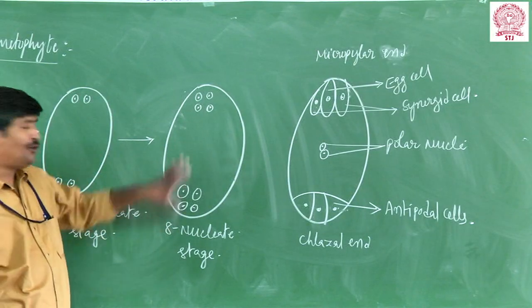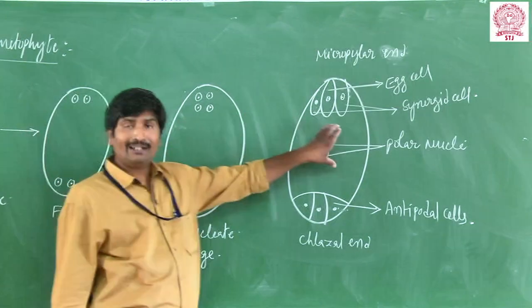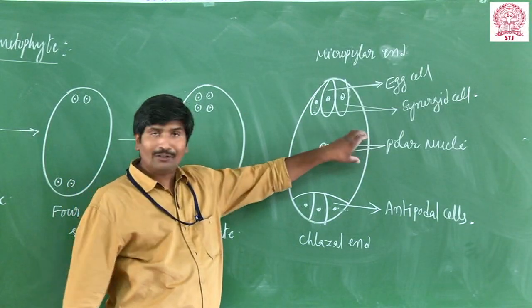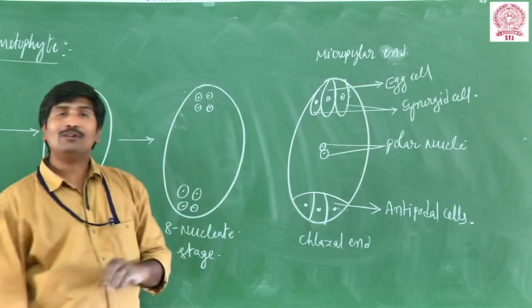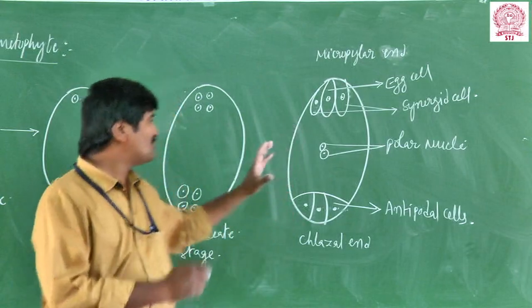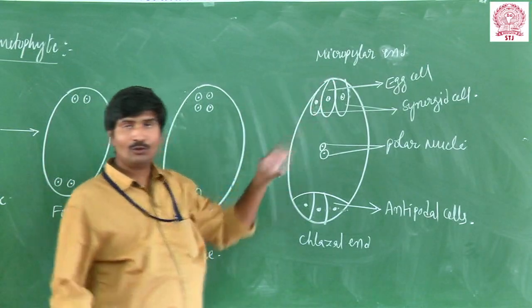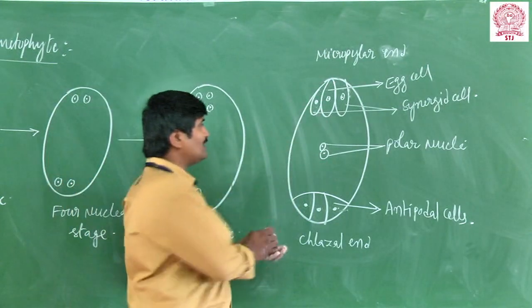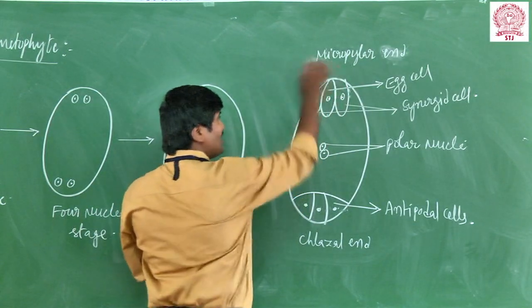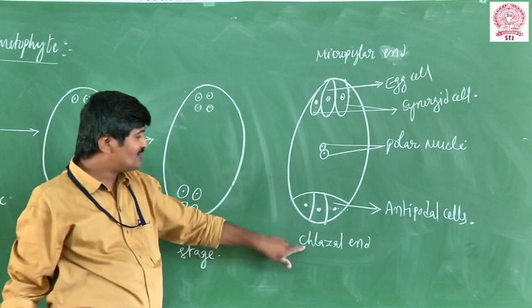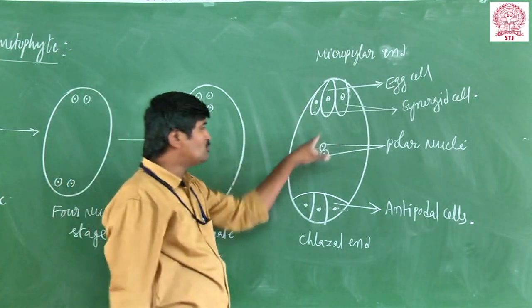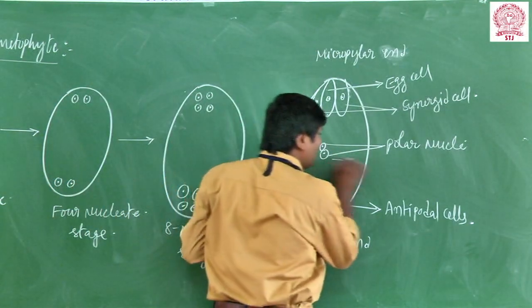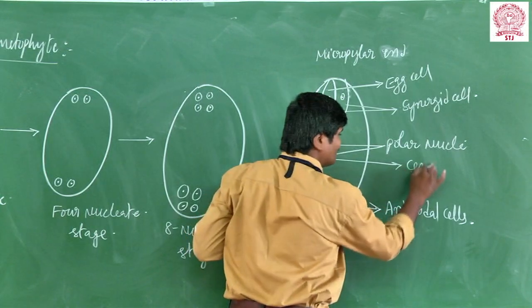In total, of the 8 nuclei, 2 act as the polar nuclei, and the remaining 6 nuclei form cell walls and form the cells. Totally, 3 cells towards the micropylar end, 3 cells towards the chalazal end. So finally, these 2 polar nuclei are located in the central cell.